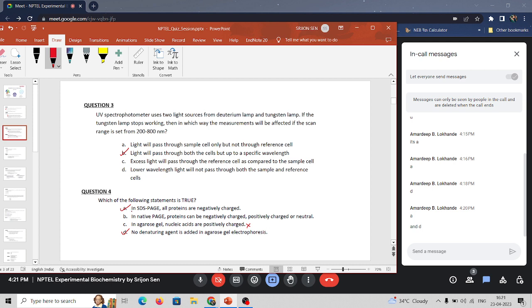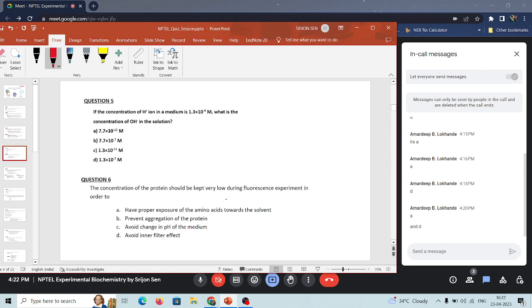So option B is also right, because you are not adding any denaturants which would add a uniform negative or positive charge. From the name native, the proteins will be in their natural charged state, whether positive, negative, or neutral. So A, B, D, all three are correct. C is incorrect.